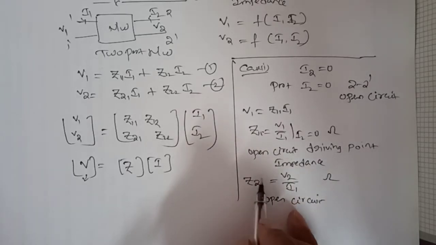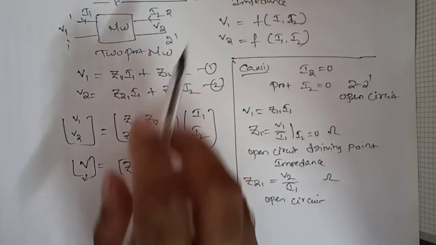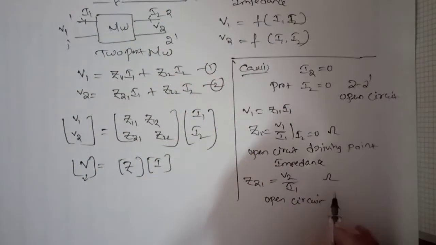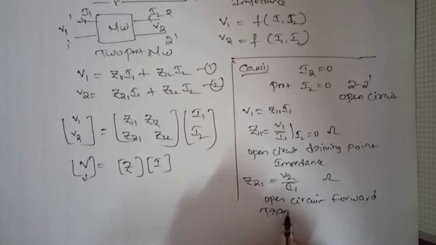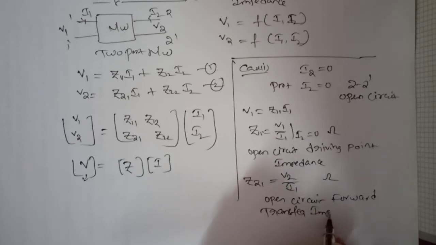We are finding all Z parameters by making use of open circuit, at either port 1 or port 2, so all of them are called open circuit parameters and impedance parameters. Z21 is the open circuit forward transfer impedance, because from one port to the other port we are finding the impedance, V2 to I1, a forward transfer impedance.